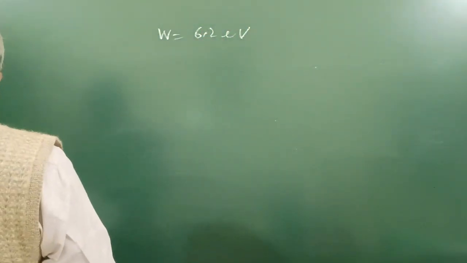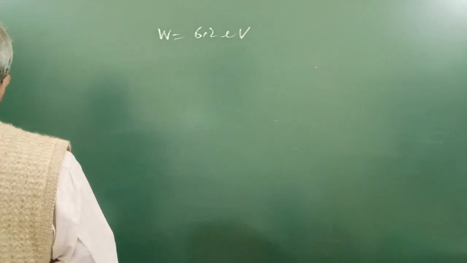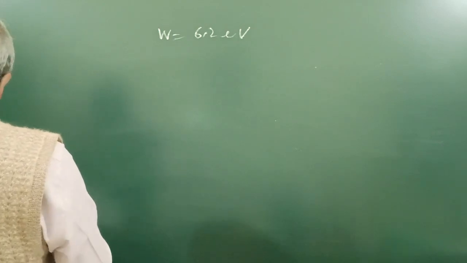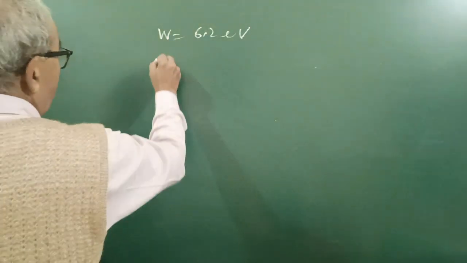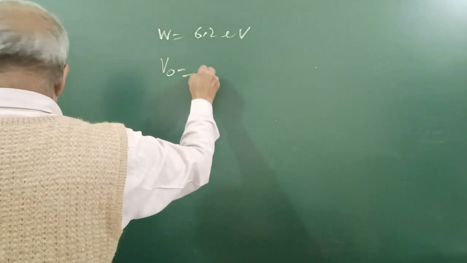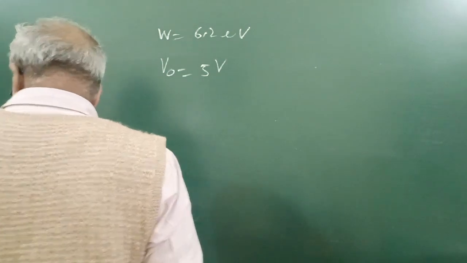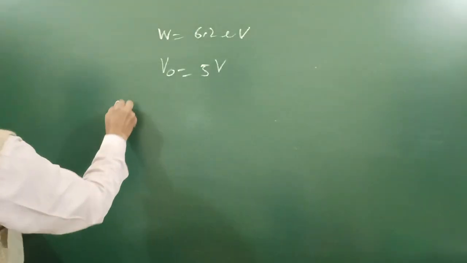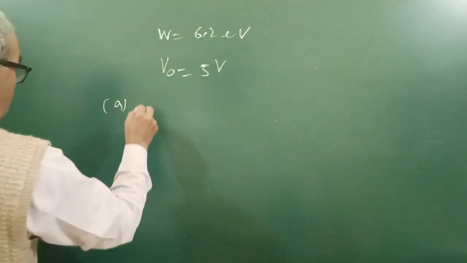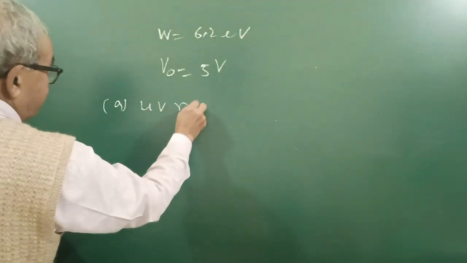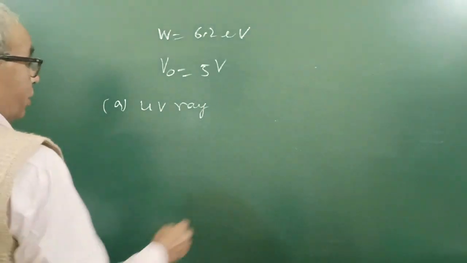The wavelength of incident radiation for which the stopping potential V0 is 5 volt lies, option A, in the UV ray region.